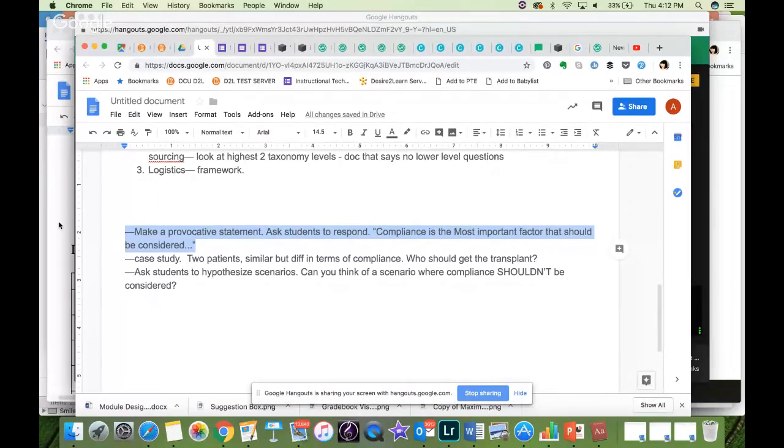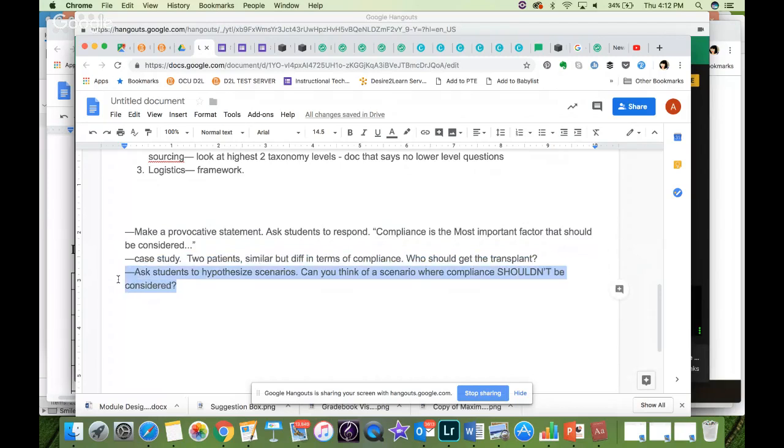Another option would be to do a case study, maybe where there are two patients that are very similar up for an organ transplant, but are different in terms of compliance, and who should get the transplant. Something where you're going to evoke some different answers. You might even go so far as to assign students to take on different roles as in a debate, some for, some against, but really getting that discussion going rather than just asking students to explain something when you're going to get very similar answers.